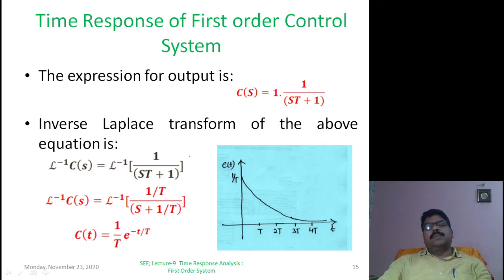So you have seen that for the first order system, the first one is a unit step input, the second one is a unit ramp input, and finally you have seen the unit impulse. The major thing is the time constant of the system. If the time constant is lower, the settling time will be lower.